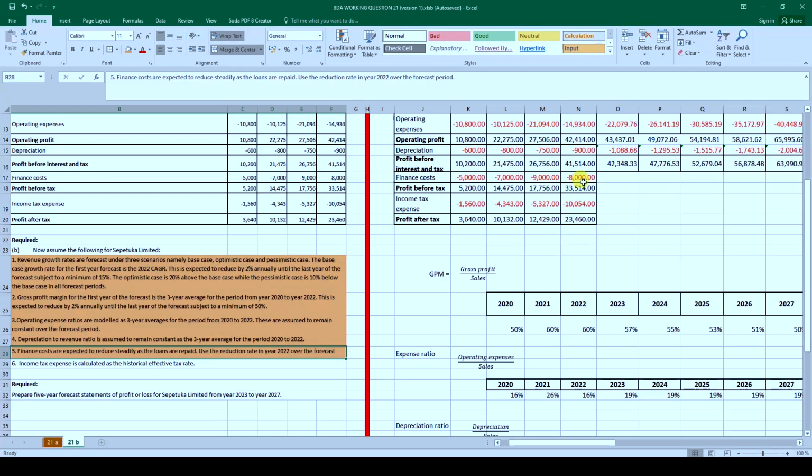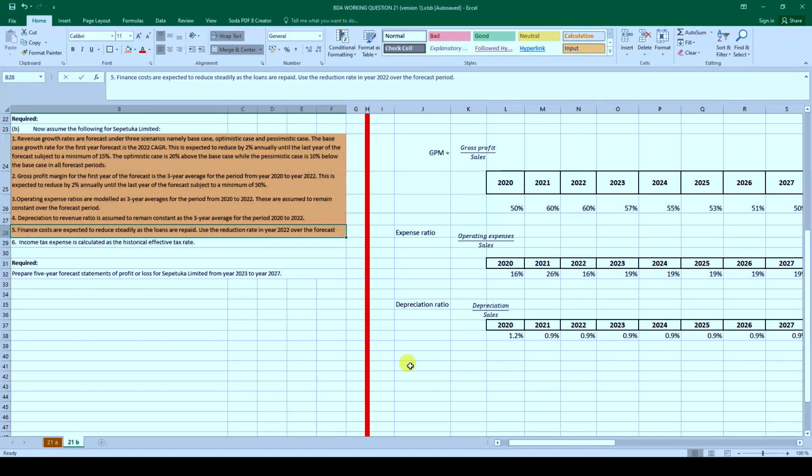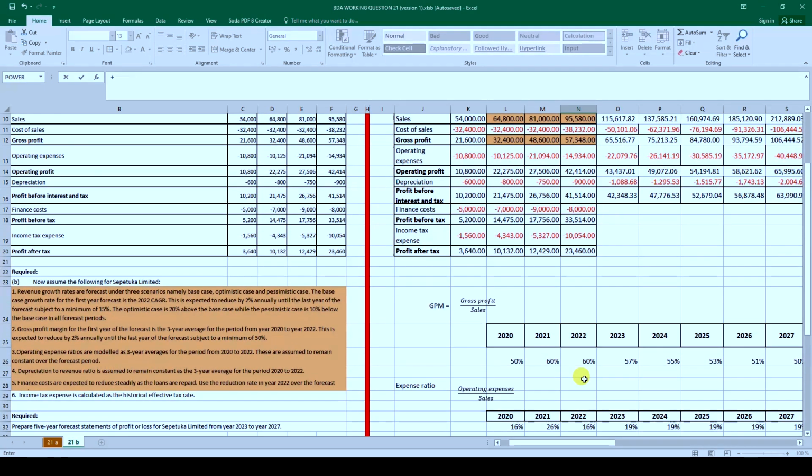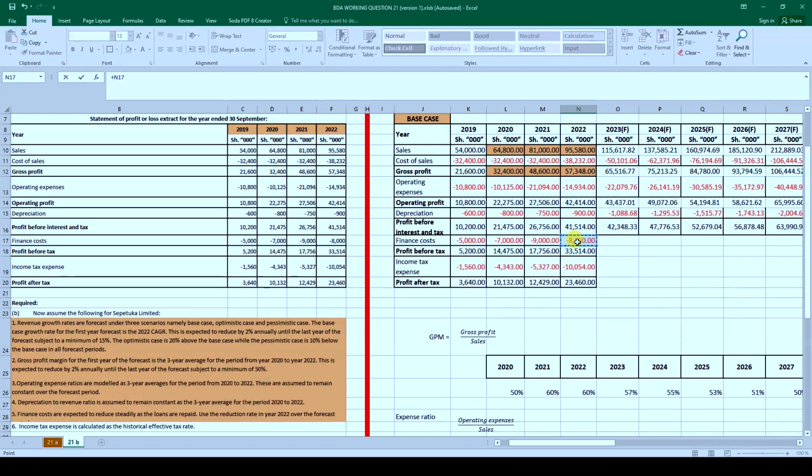So we are being informed that we use the reduction rate. So the reduction rate, like that. So we pick the one for year 2022. So I'm going to come over here and work it out like that. So the reduction rate is plus that, plus the previous year.